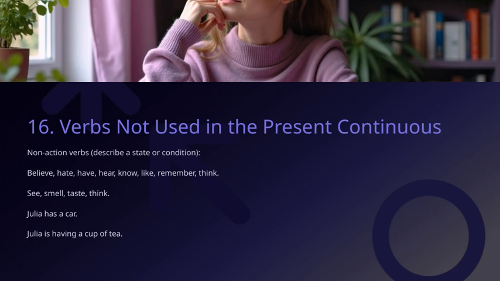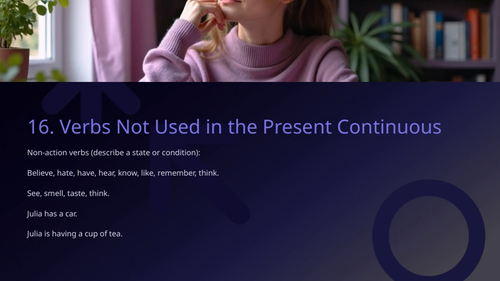They're states or perceptions. Then there are verbs like believe, hate, have, hear, know, like, remember, and think. These are all verbs that express mental or emotional states, not actions in progress. For example, I believe in kindness or I think it's going to rain. These verbs are generally not used in the present continuous tense because they refer to a state of mind or feeling, which is more static.